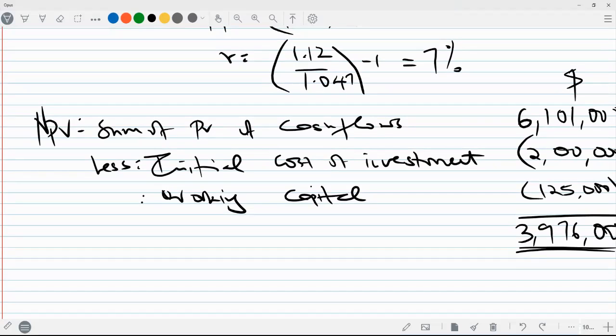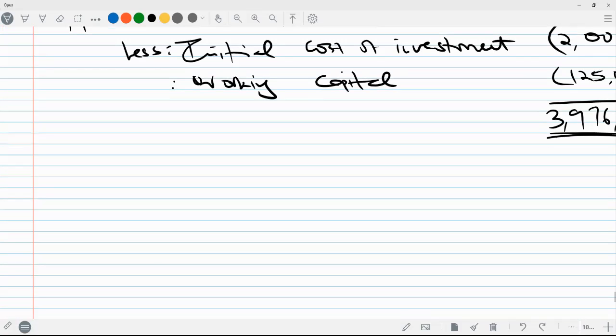We need to get the NPV of this company using the nominal term approach. The selling price is 650. I'll begin here by getting the inflated selling price.